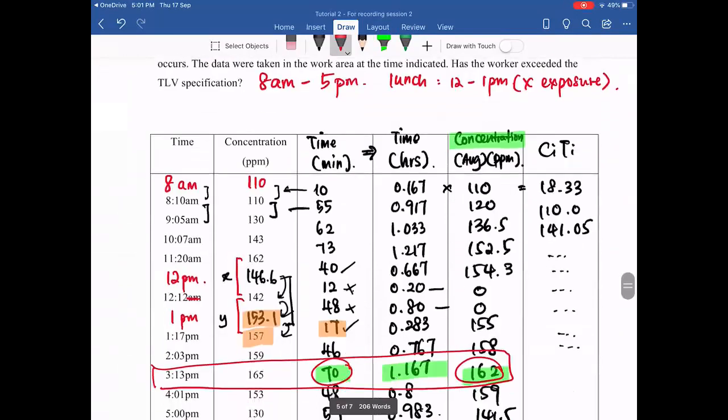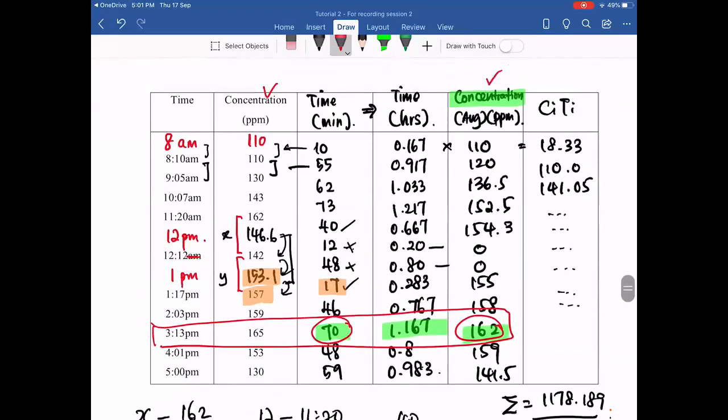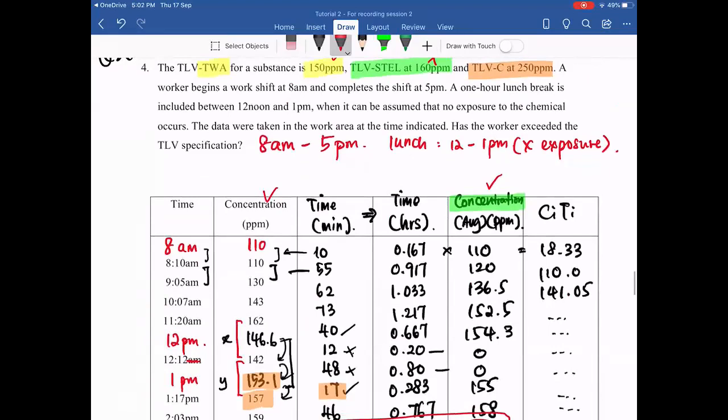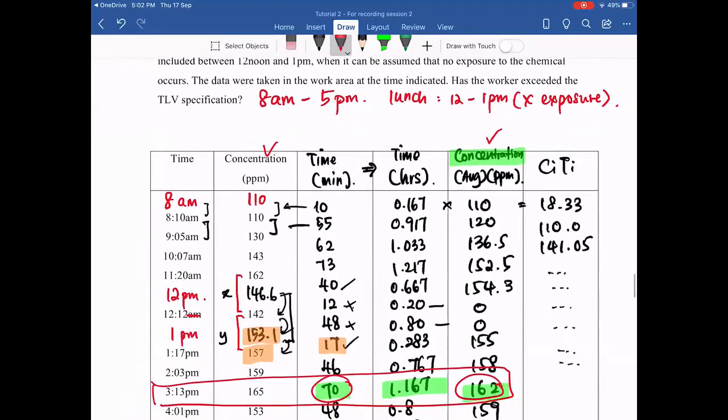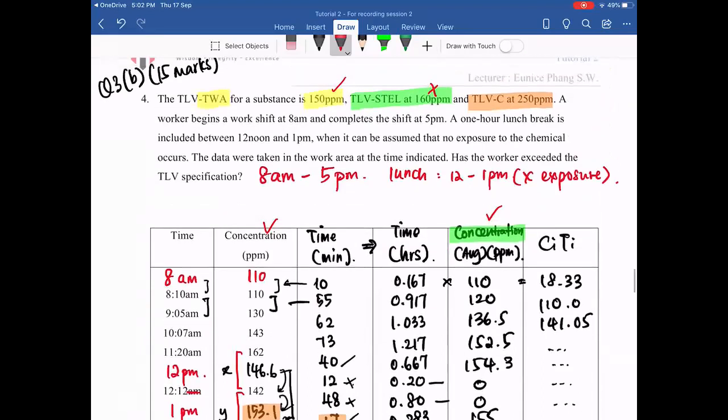You can look at these concentrations here, anything that is 250. But on looking at things, there is none of these values above 200 ppm or 250 ppm. So at the ceiling level, we still consider it compliant.